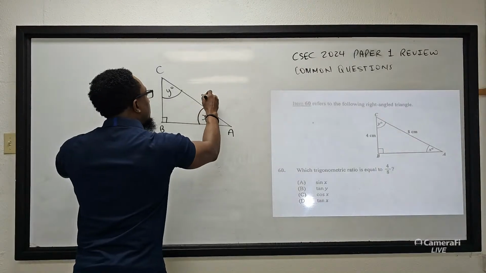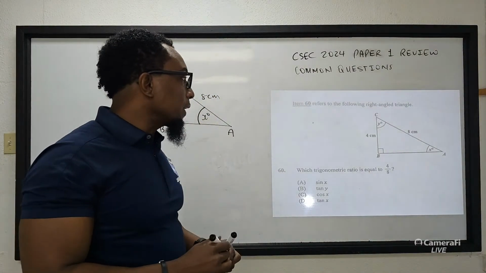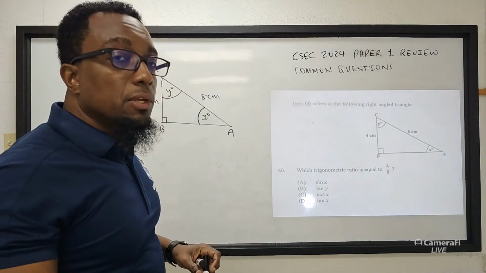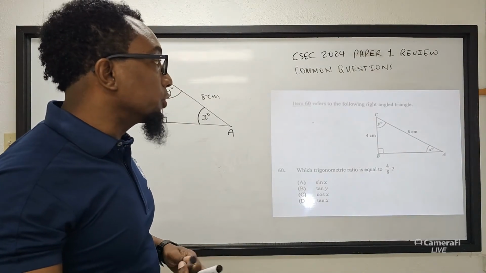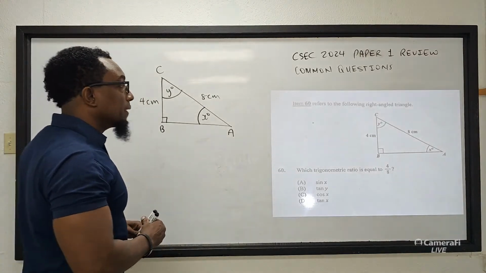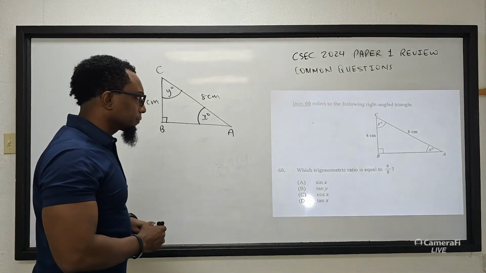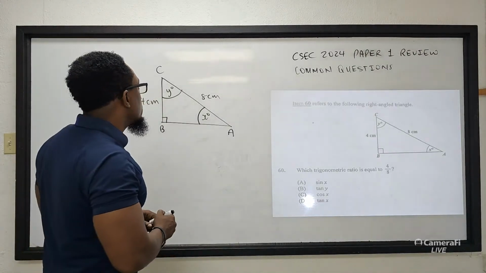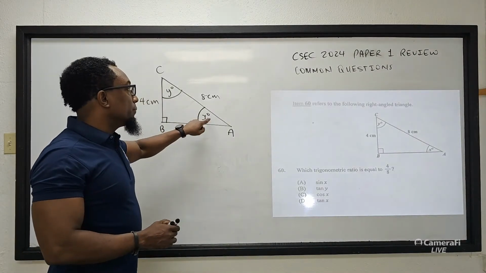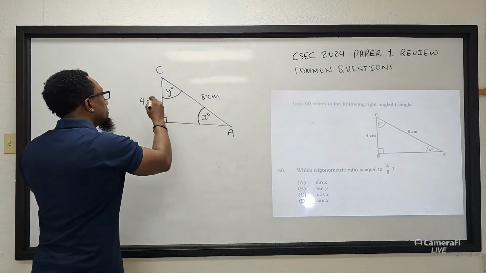This is 8 centimeters, 4 centimeters. Which trigonometric ratio is equal to 4 all over 8? So for us to determine the trigonometric ratio, we're going to label accordingly. If I label with regards to the acute angle x, this will be the side opposite.